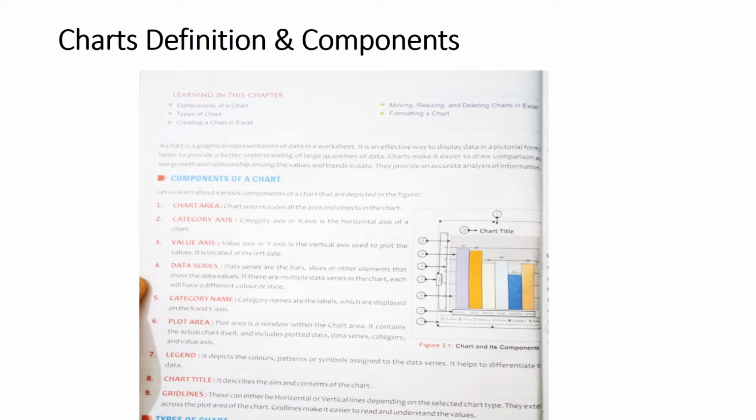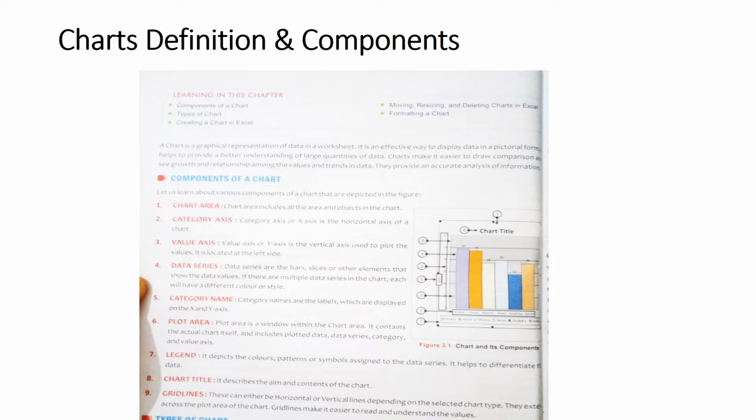Second is the category axis, that is labeled as 2 in the diagram. The category axis, or the x-axis, is the horizontal axis of a chart. Next is the value axis.